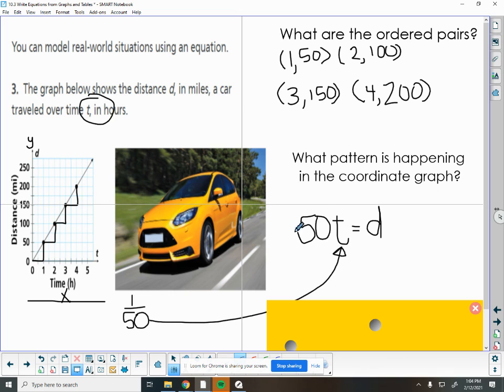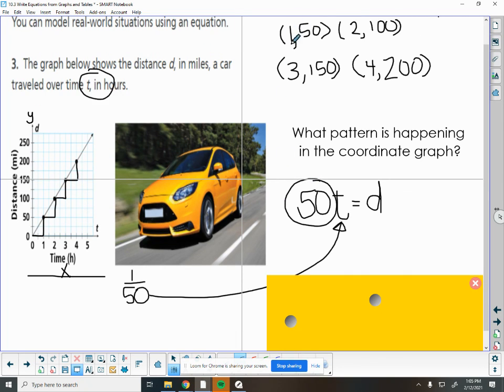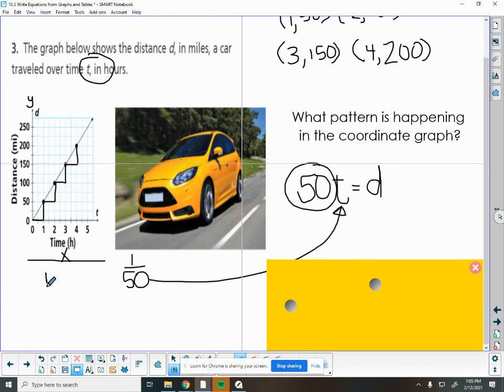I think the hardest part sometimes is deciding what this number is going to be. And I can see that every time we did 1, the unit is 50. If it helps you, write this out in a chart or table: 1 to 50, 2 to 100, 3 to 150. Ask yourself, how did I get from x to y? I had to multiply by 50.